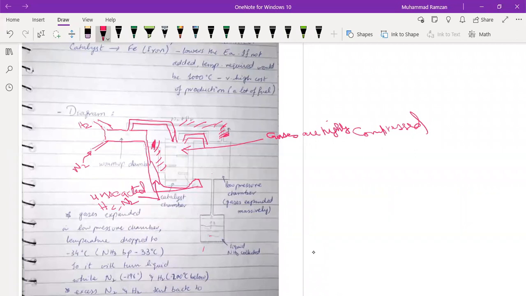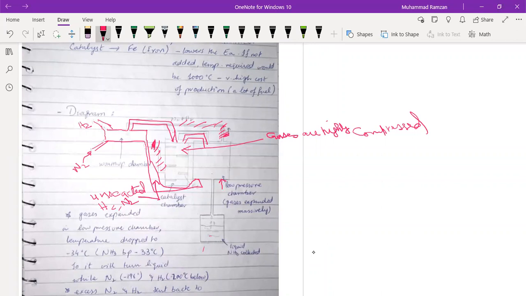Now, suddenly, through this pipe, we bring the gases into a low pressure chamber. This is written low pressure chamber. It means this chamber has a huge size.